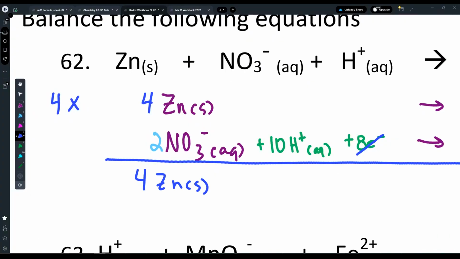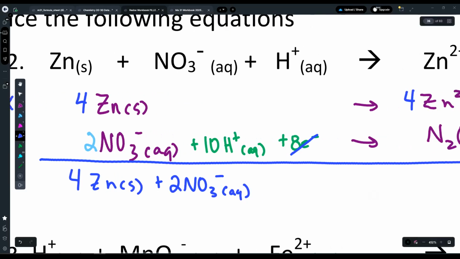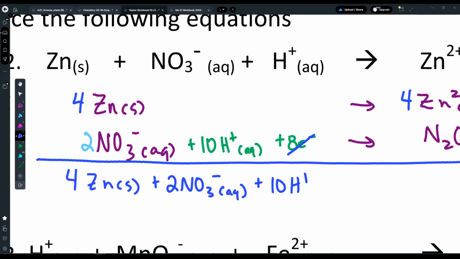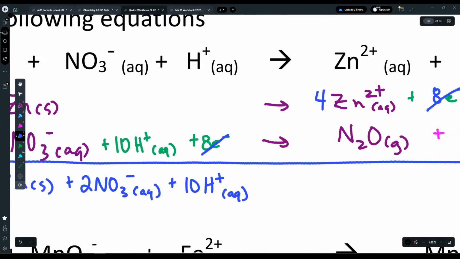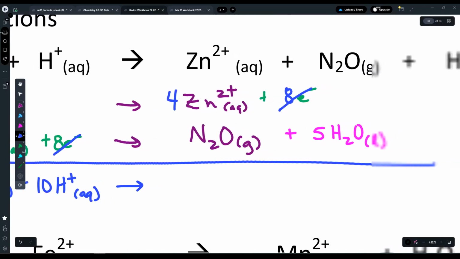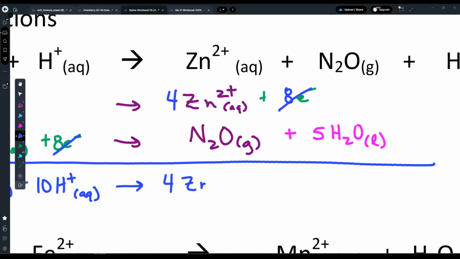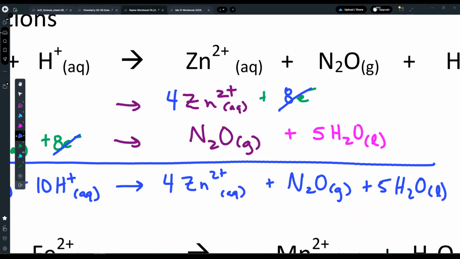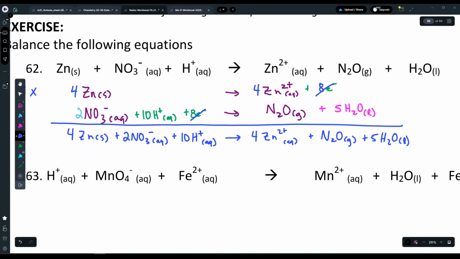So 4 zinc solid plus 2 nitrates plus 10 H+ ions produces 4 zinc 2+ aqueous plus N2O gas plus 5 water. Okay, so don't forget states, charges, coefficients, don't forget any of that there.